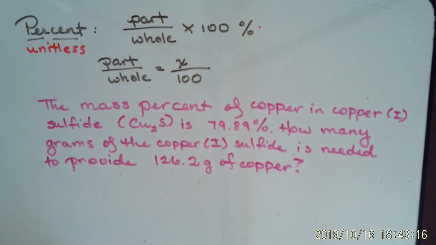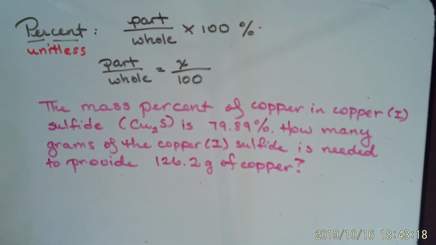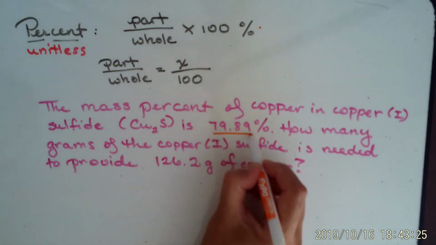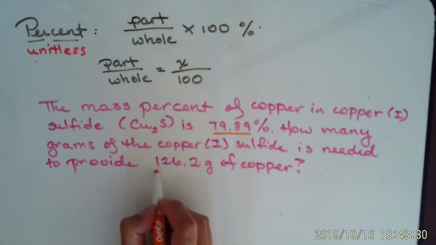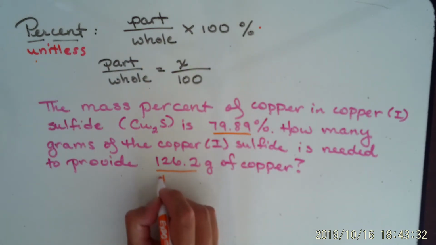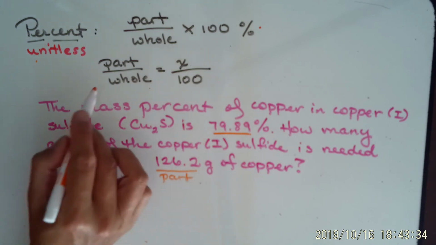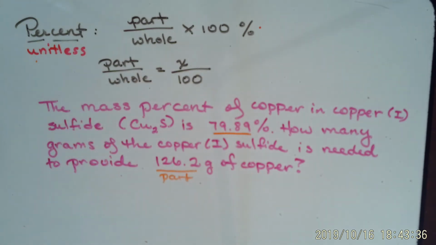Okay, so how do we approach this? Well, what do we have? We have the percentage. Okay, so we know this is the part, and what we're looking for is the whole. So in this case I'm going to use the ratios to solve this one. Can you use your formula? Absolutely, but I'm going to just use the ratios today.